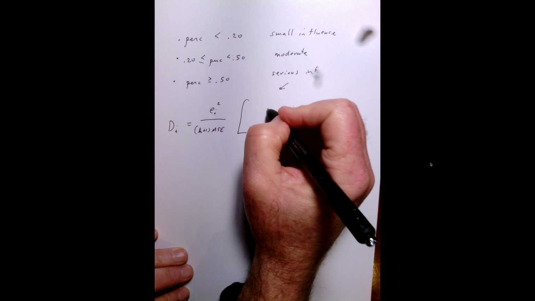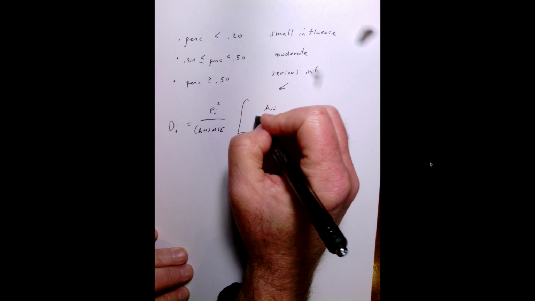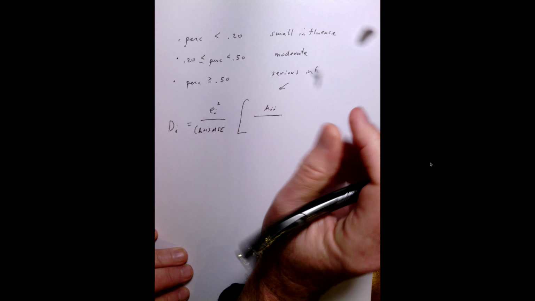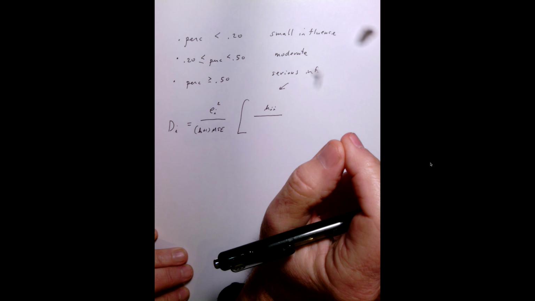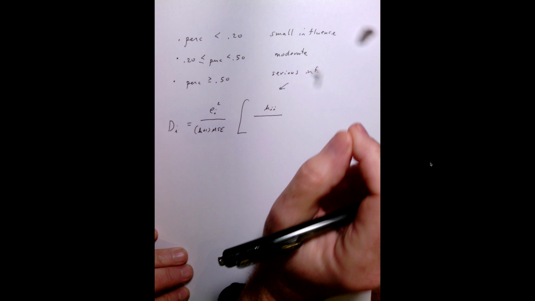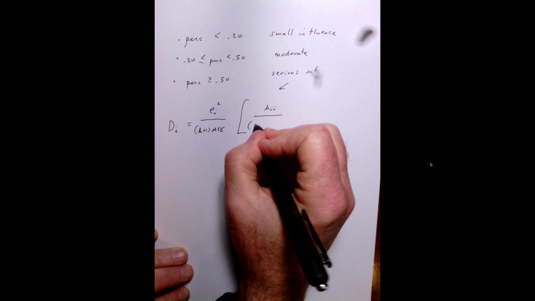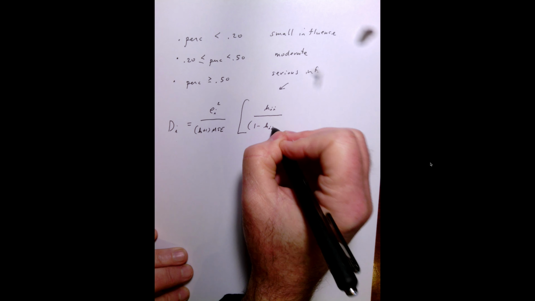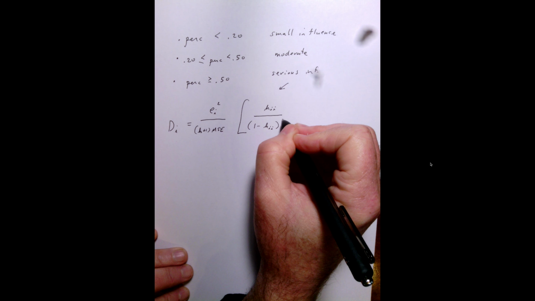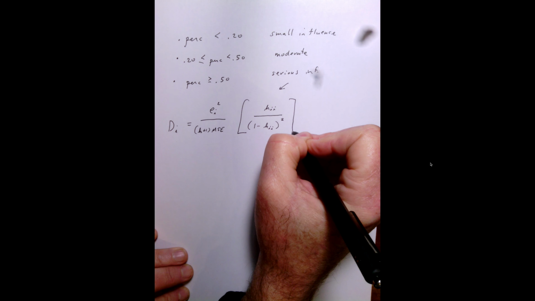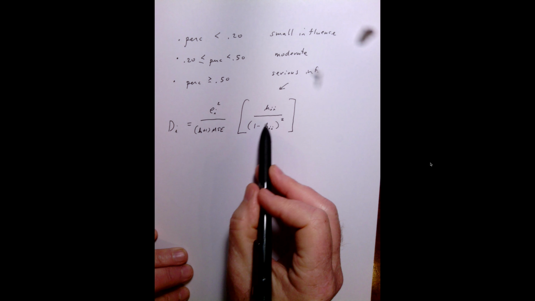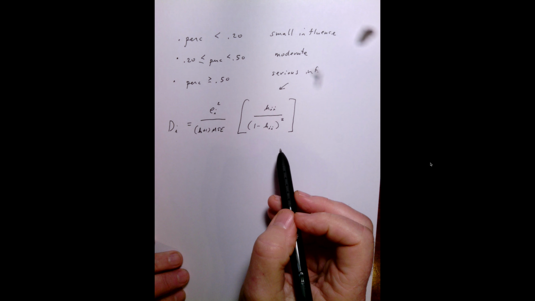And then I would dive into my hat matrix, pull out the diagonal element for that particular person. And then I would look at 1 minus, again, that diagonal element squared.